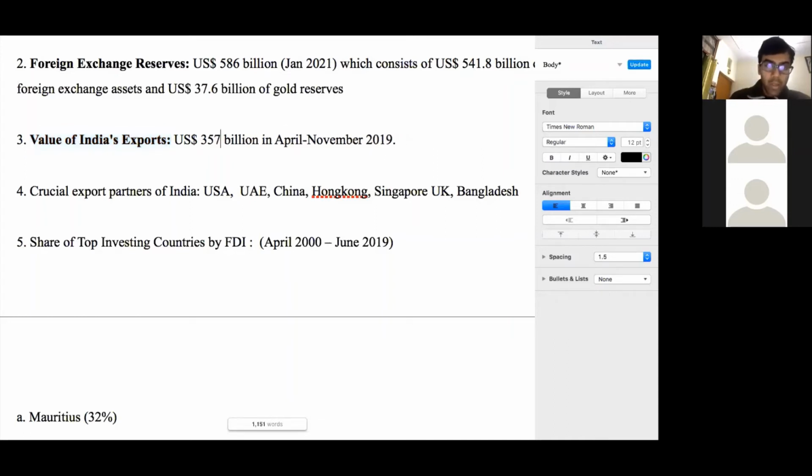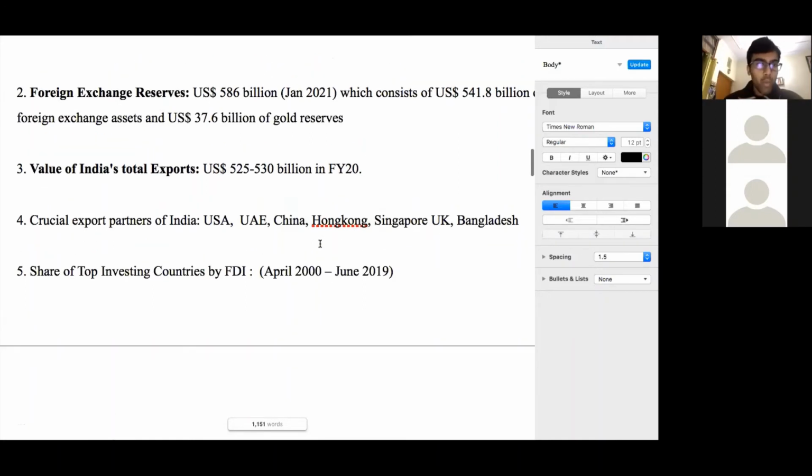The value of India's total exports was around 528 billion in FY20, or somewhere around 525 to 530 billion in FY20. These are the latest figures I just checked.